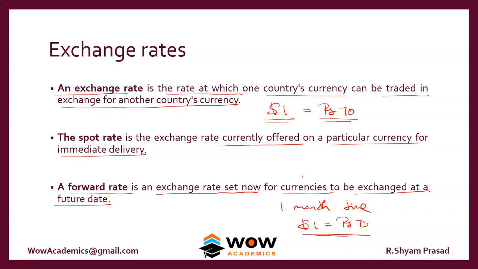So this is a forward rate. So the forward rate works like this: $1 to 75 rupees. So forward rate is always in terms of a future period where you are promising to give $1, and you are also asking the promise of another party to pay you the other amount. So that is about the forward rate.